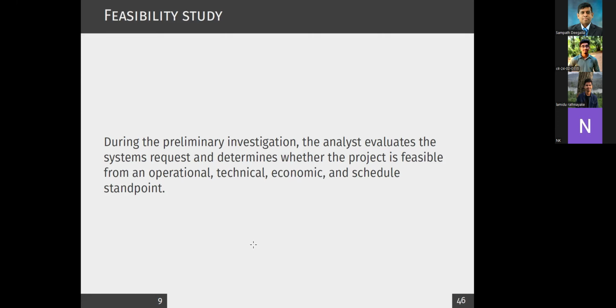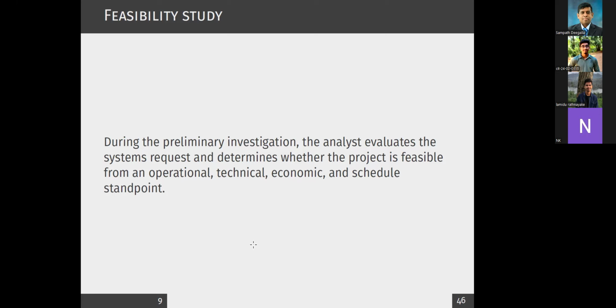Second one, technical feasibility. Now you have a request for developing an information system. Sometimes we might not be able to implement that. There could be technological limitations. So technical feasibility is whether this is doable with whatever technology is available.